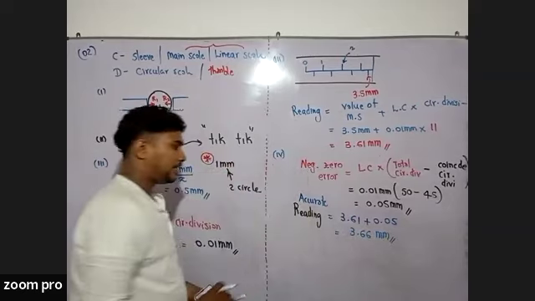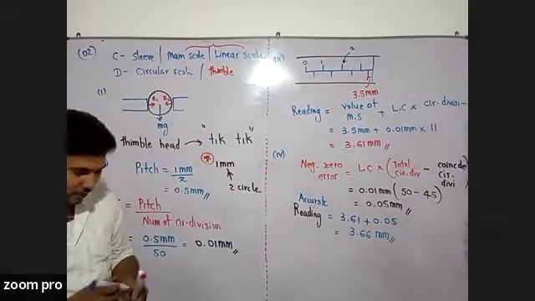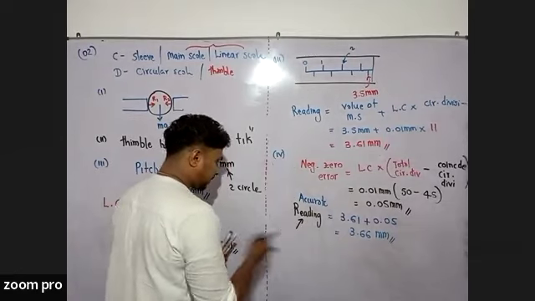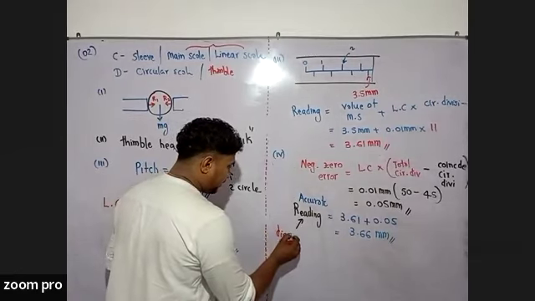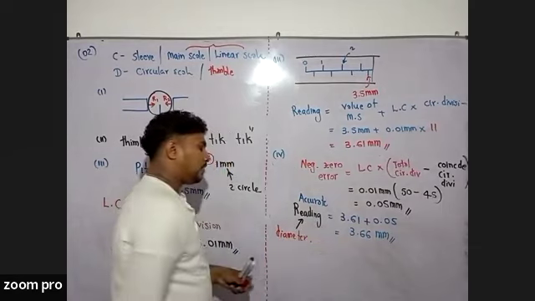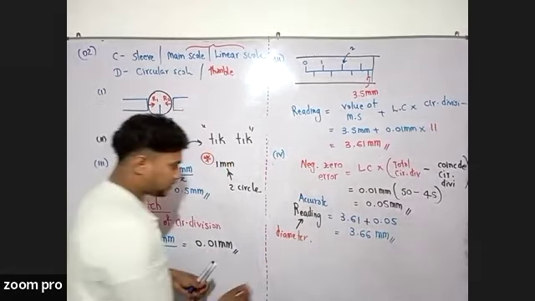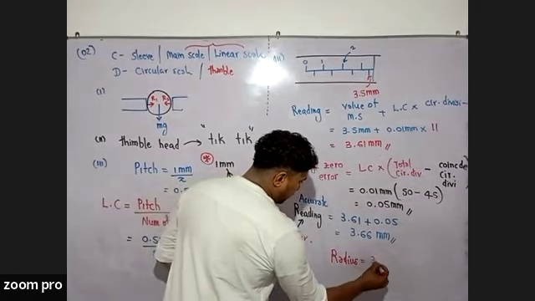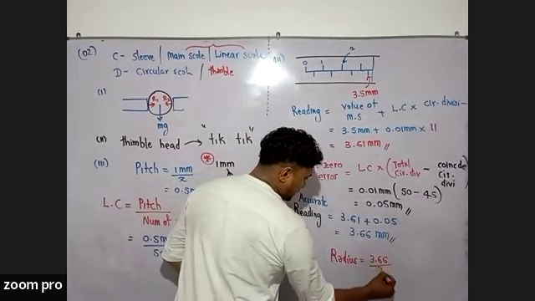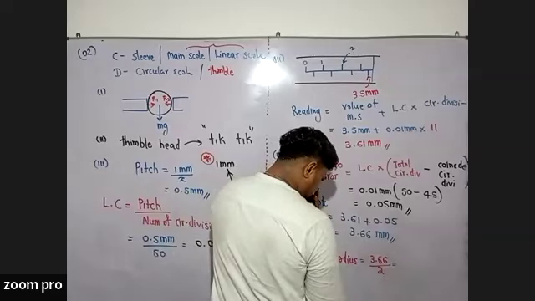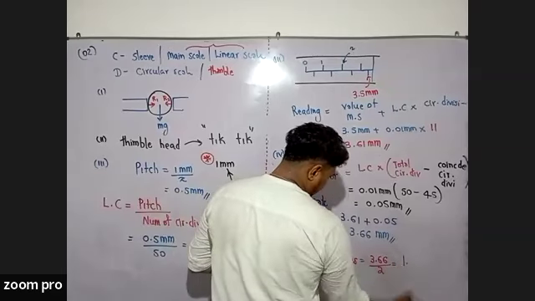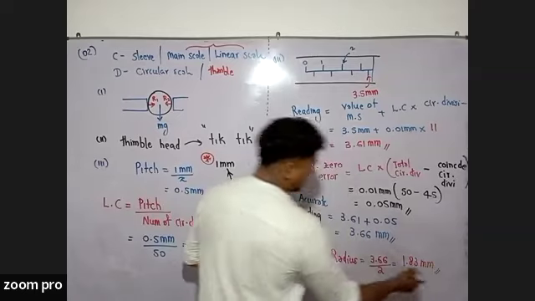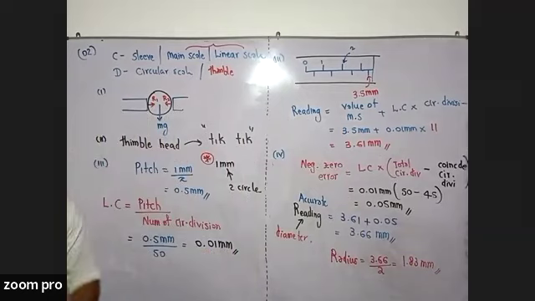But keep in mind that this obtained value represents the diameter of this sphere, right? But you are asked to obtain the radius. So the radius can be obtained by dividing 3.66 by 2. That means 1.83 millimeters. That's the value for the radius, right?